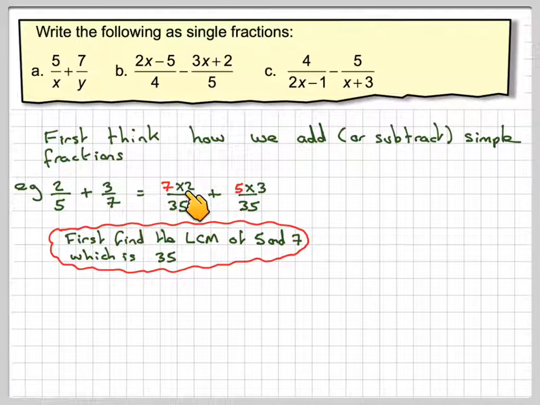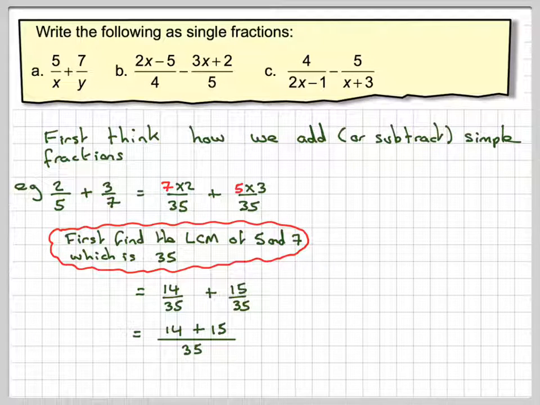So 7 times 2 is 14 out of 35, and then 5 times 3 over 35 is 15 over 35. And then we can write it as a single fraction. We wouldn't normally perhaps do this step, but I'm going to do it because it relates to the algebraic fractions. So we've got a single denominator, and then we've got 14 plus 15. 14 plus 15 is 29 over 35.